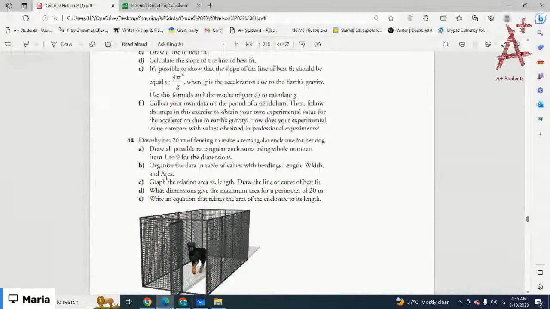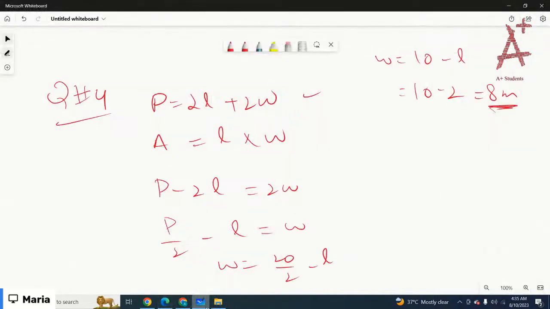For the B part, organize the data in the table. Okay, you have to make a table for length, width, and area.